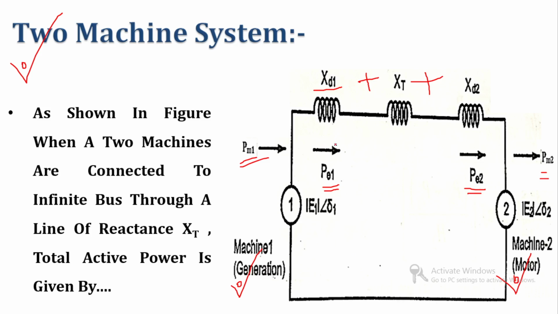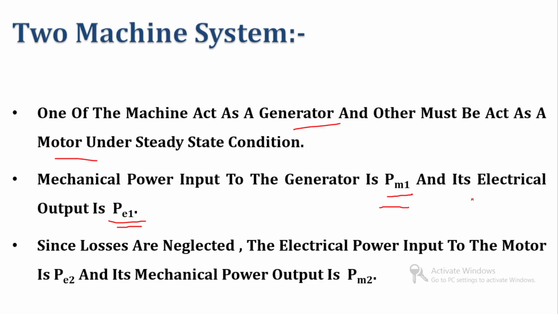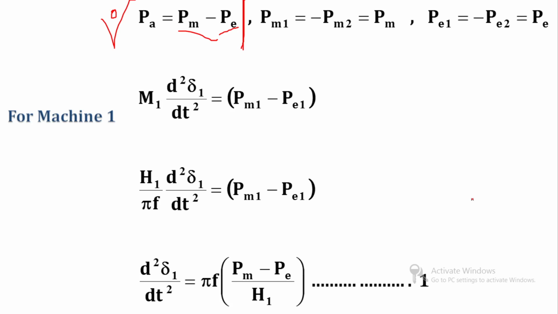In the same way, the electrical power output of the generator is equal to the electrical power input to the motor. The magnitudes of the powers are equal, but the directions are opposite, because the first one is input and the other is output. So here I have written that PM1 is equal to minus PM2 is equal to PM.